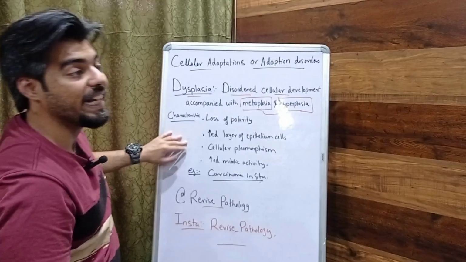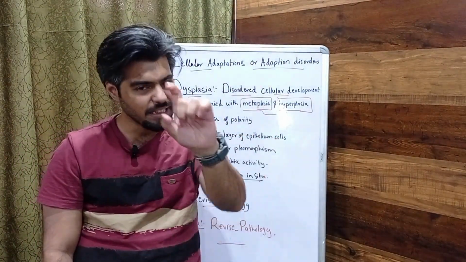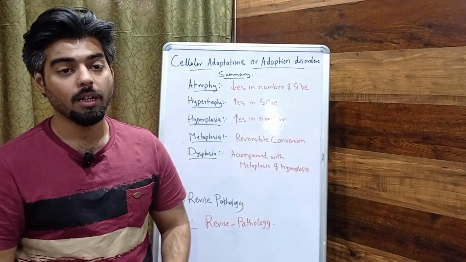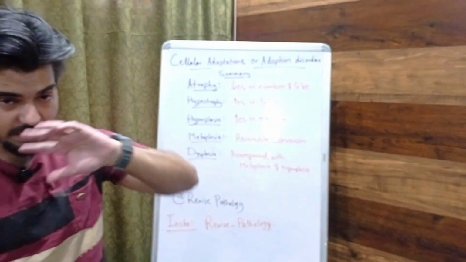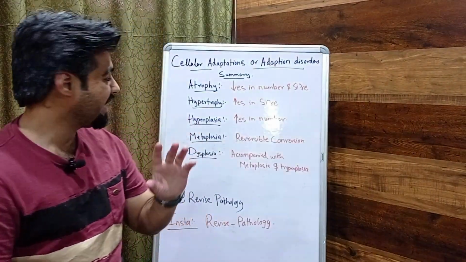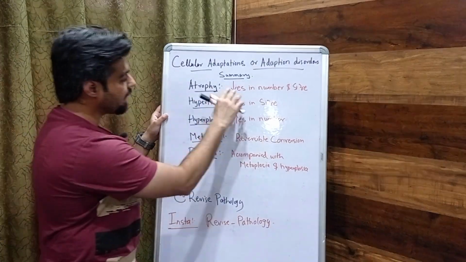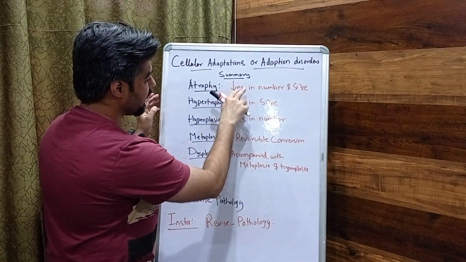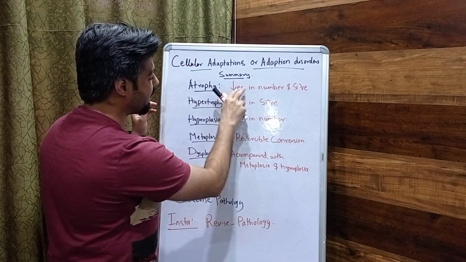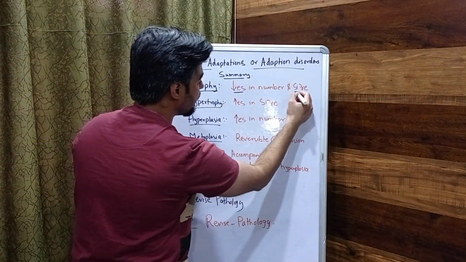And now next I will give you a small summary of the entire thing. So guys, since you people should have no confusion, I will just give at the end a summary. Atrophy is decrease in number and size.